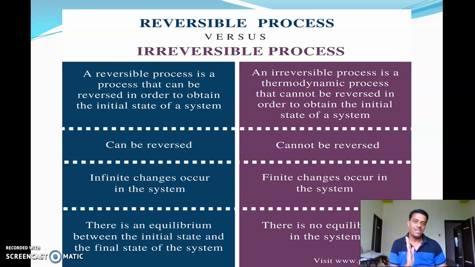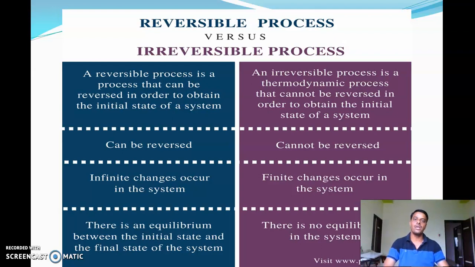When the driving force is infinitesimally greater than the opposing force, the reaction will proceed in the forward direction. On the other hand, when the opposing force is infinitesimally greater than the driving force, the reaction will proceed in the backward direction. In this way, the reversible process proceeds in the forward as well as the backward direction.